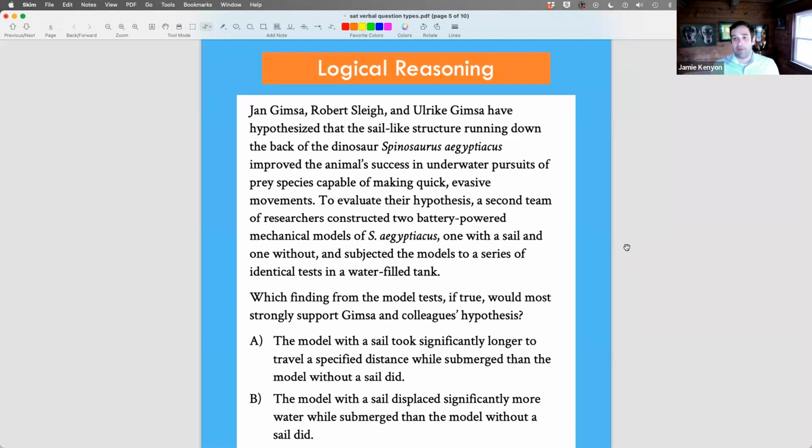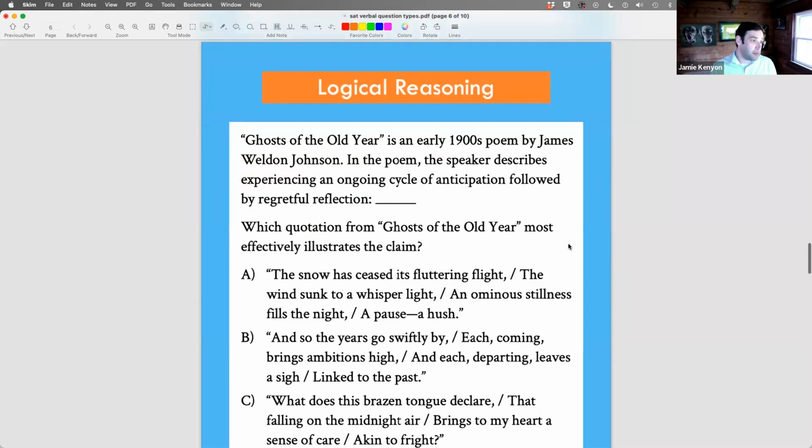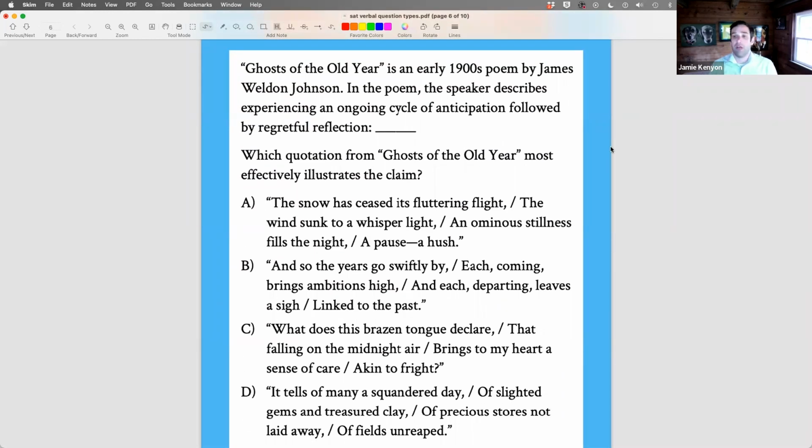They give you a set of text and ask you how to support a hypothesis. Here, they'll ask you how to properly illustrate a claim. This is also a unique question because it's giving you lines from a poem, which is something that did not exist on the paper-based version of the test. There is poetry involved in the reading comprehension and the logical reasoning questions now.